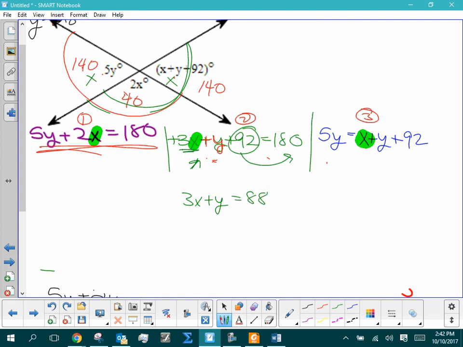And you could have done, it's going to be negative x plus 4y equals 92. I got to move that x over, got to move that y over. Okay? But I should be able to maybe multiply everything by 3 here, get my x's to cancel out, solve for y, and y would be 28 again. That's great. And then I can plug back in x to be positive.